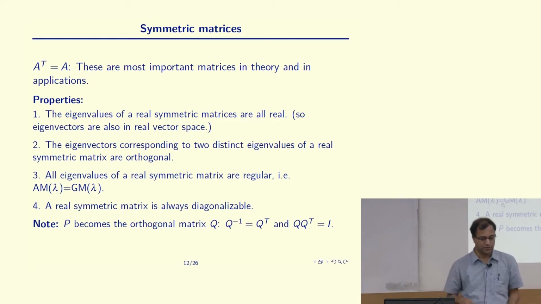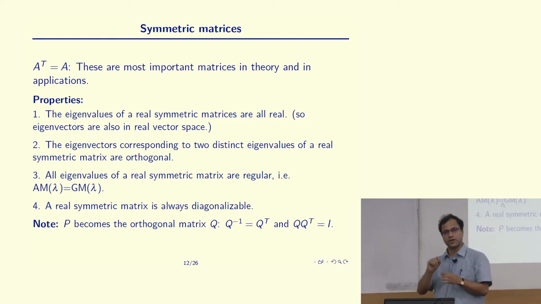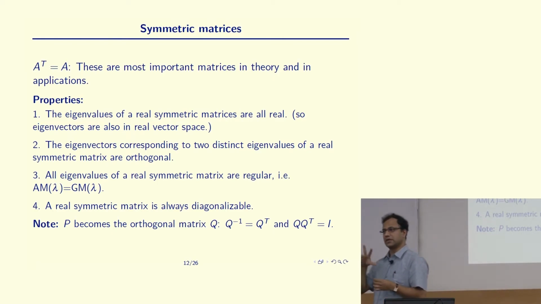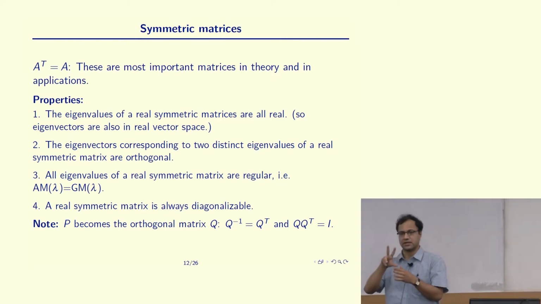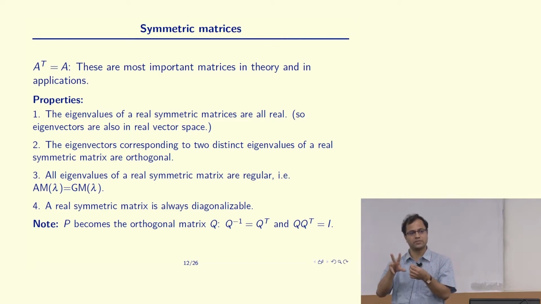The third property, what I was saying, is that corresponding to each eigenvalue of the symmetric matrix, its algebraic multiplicity is the same as the geometric multiplicity. That is, if lambda is repeated say 2 times or 3 times, similarly you can find 3 independent eigenvectors corresponding to that particular lambda.